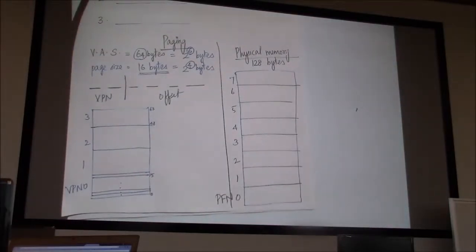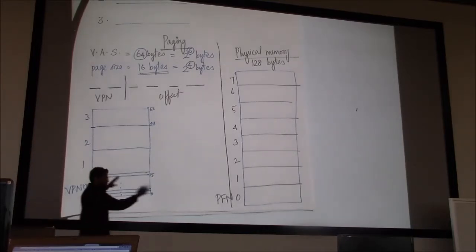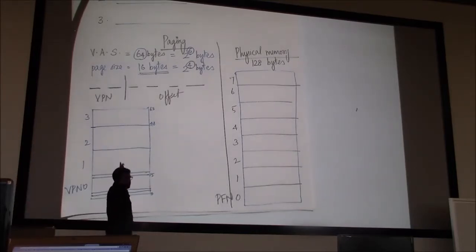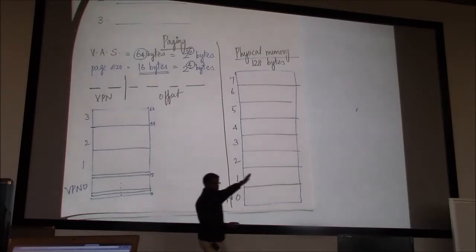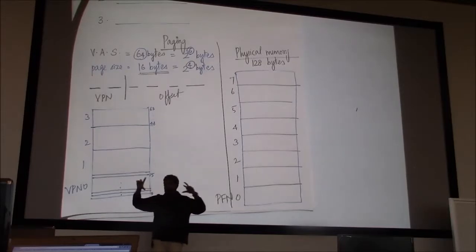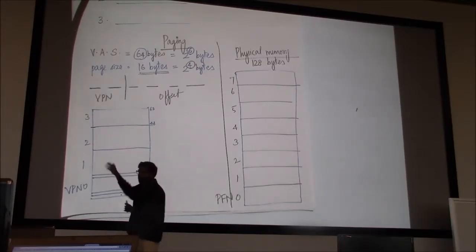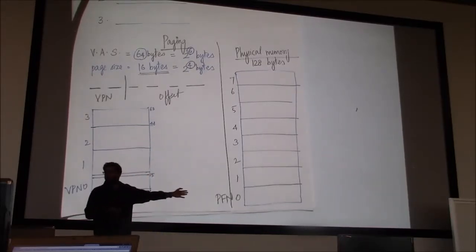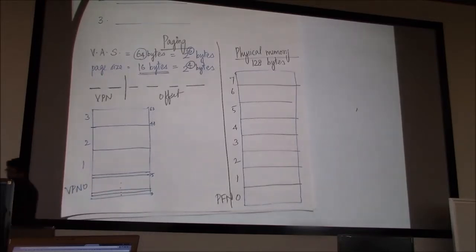Now, the high-level idea of paging is, since we have equal-sized slots in both the virtual address space and the physical address space, you can just take one page from the virtual address space and fit it anywhere in the physical address space, except some regions that are reserved.